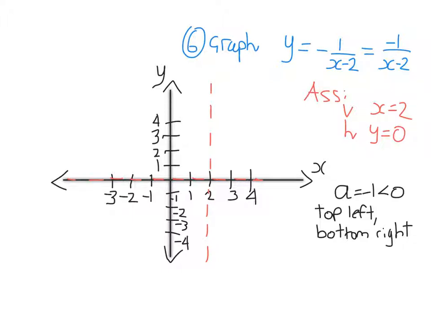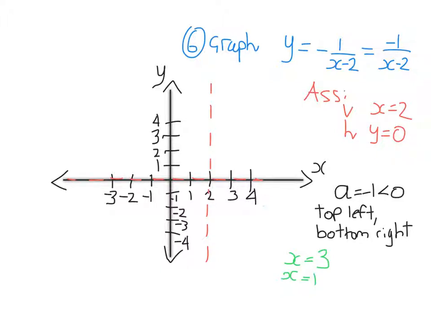So we know that it's going to look like it's going to be over here and over here. We don't know exactly how far it's going to be. So what we might do is just substitute a couple of values for x in order to understand the shape a little better. So I'm going to find the points where x equals 1 and x equals 3. I just substitute them into my original equation up here.